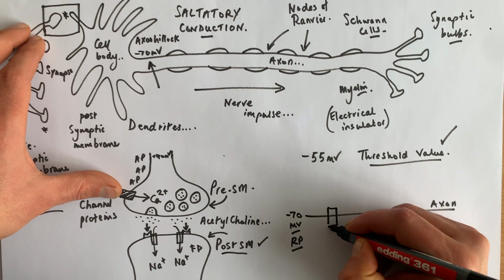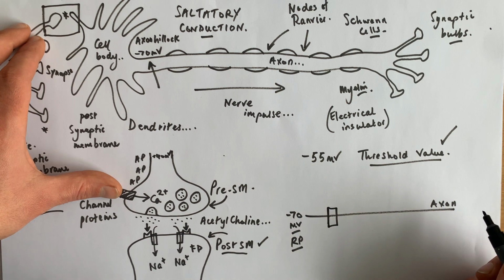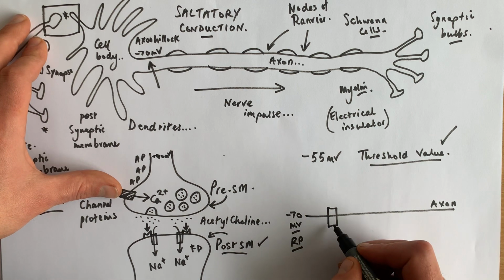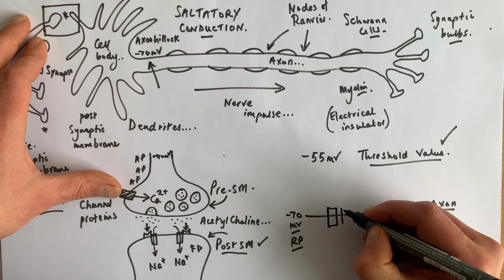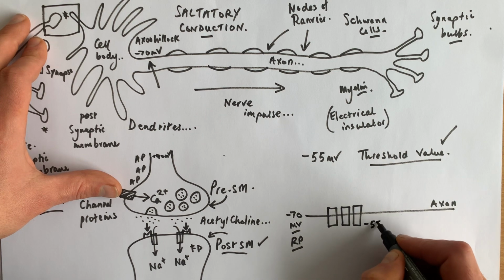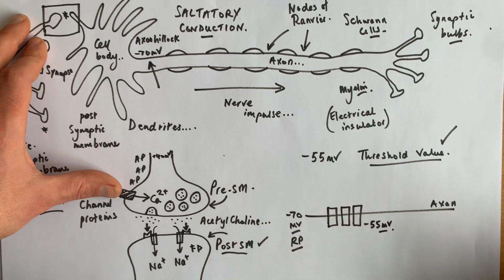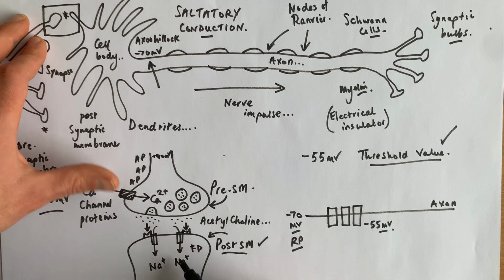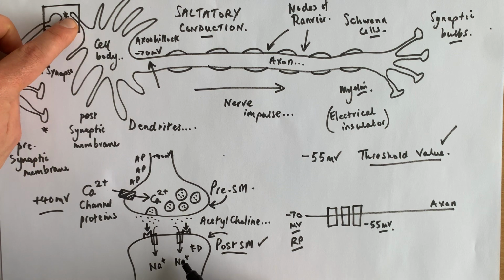Well, in that axon membrane are voltage-gated sodium channels. Now, they're voltage-gated because all these open at that position at the threshold value. So I'm going to say that's minus 55 millivolts. So we've got sodium moving in to the cell body across the postsynaptic membrane.